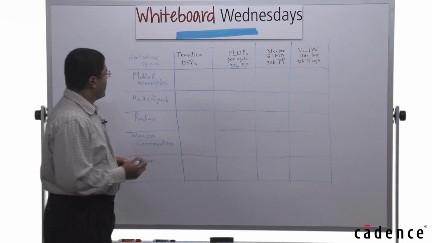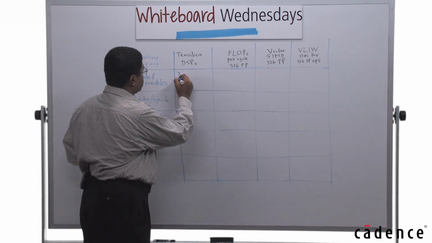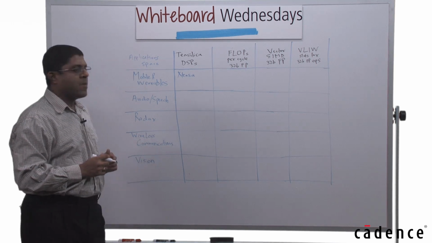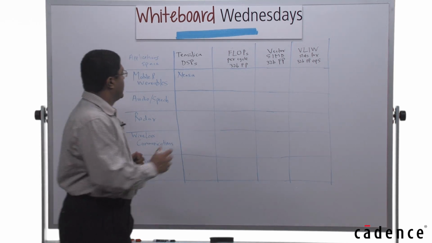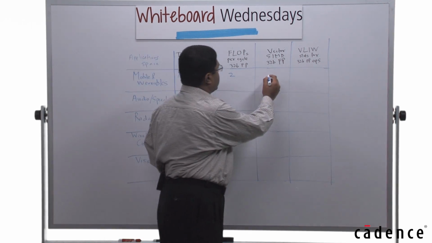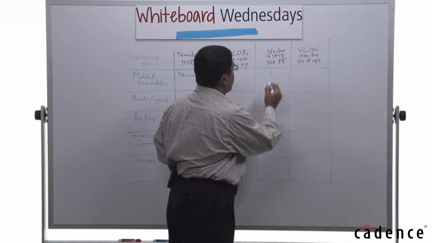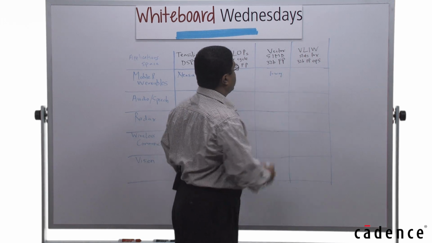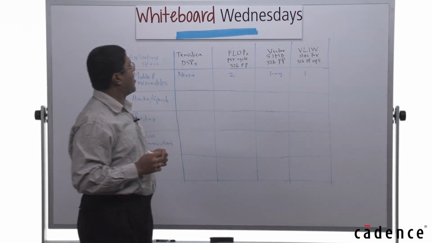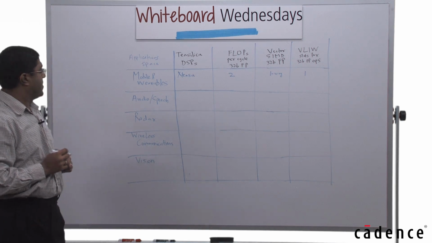For mobile and wearables, the Xtensa controller can be enabled to have an optional floating point support to do 2 flops per cycle with a SIMD of 1, that is, it is a one-way, a scalar machine, and with 1 slot for the floating point operations.